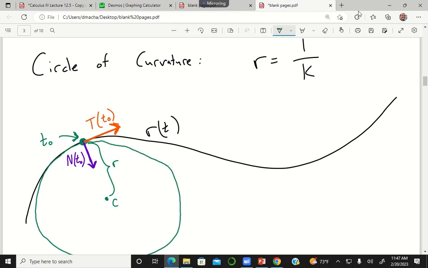But that was really sad. It started off good, and then it started to be less good towards the end there. Okay, so something like that. What I'm trying to say is you start from that point along the curve, so you need to know the coordinates of that point at the value t naught, and then you add to it r times the principal unit normal vector to get the new coordinates of the center of the circle of curvature.